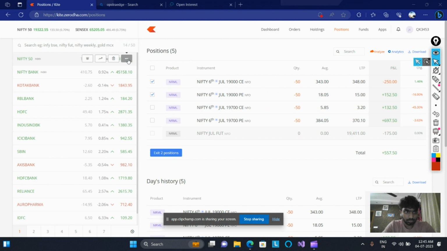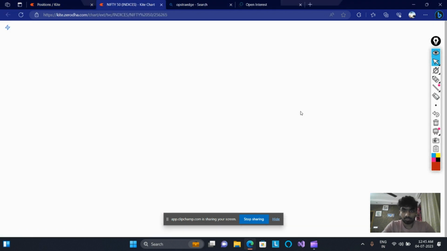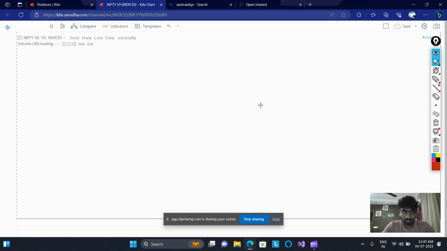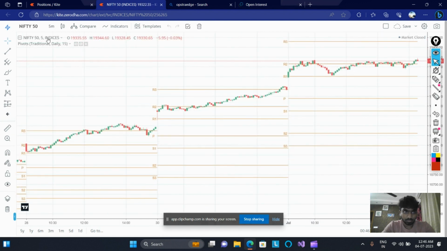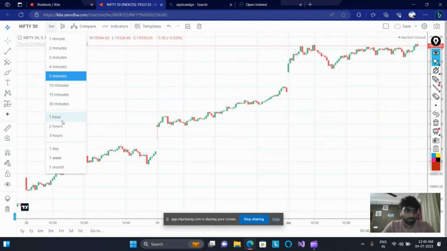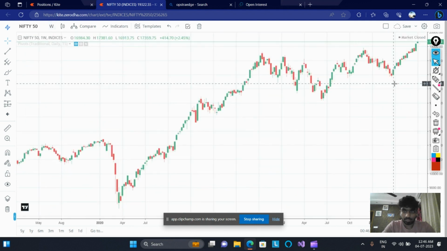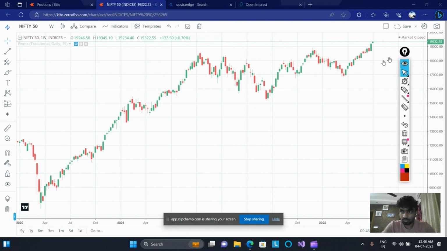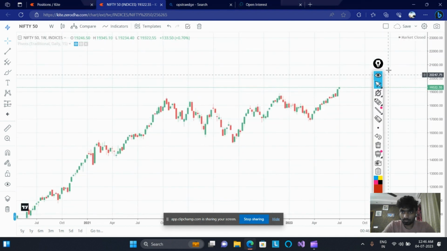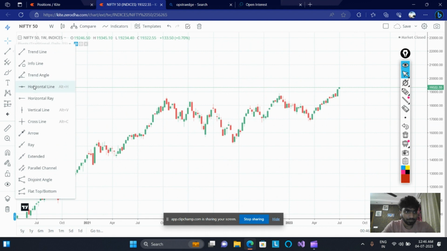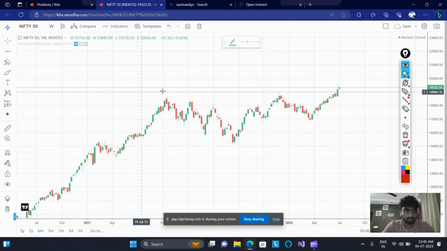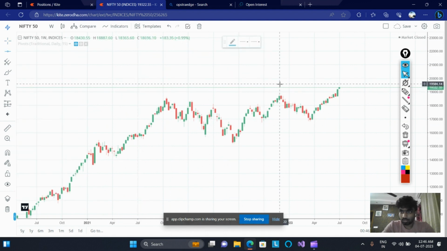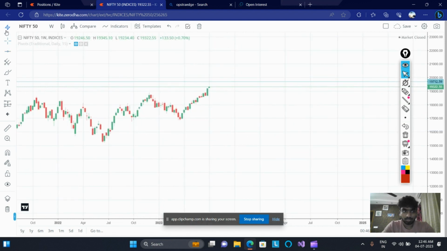I'll just open the chart. So my range, since I do weekly trades, will be from 19,700 to 19,000.